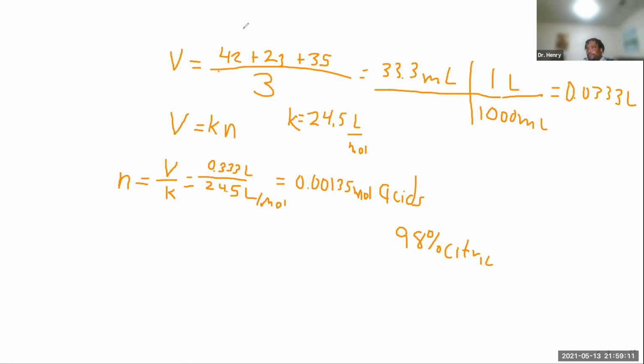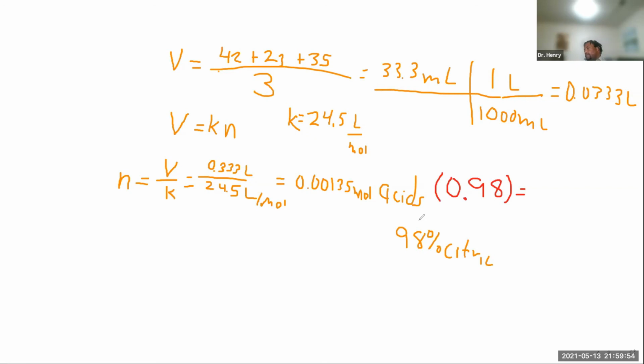Is that when I need to do the mass percent? No, not yet, because right now this is based upon moles. 98% of the moles is going to be citric acid. Now I'm assuming I have 100 altogether. This represents 100. So if the majority of it is citric acid, what am I going to multiply this number by? 0.98. That's right.